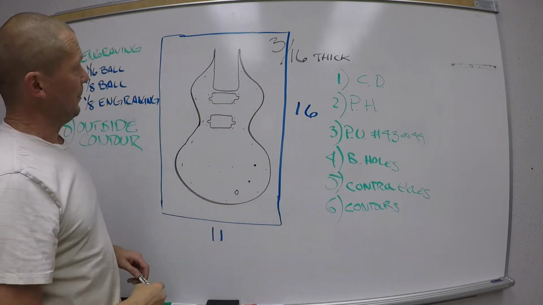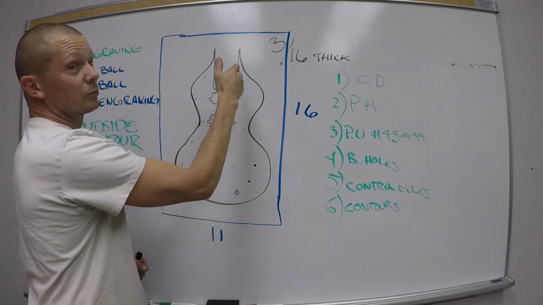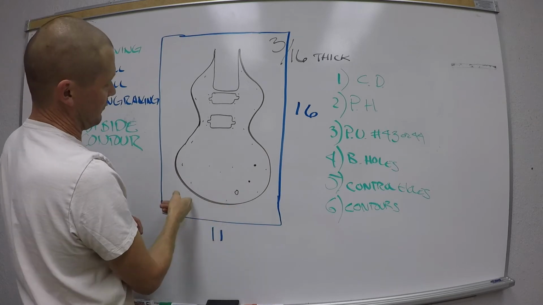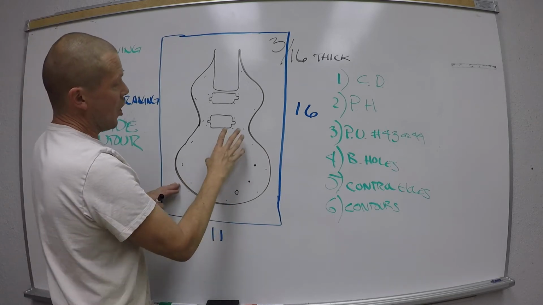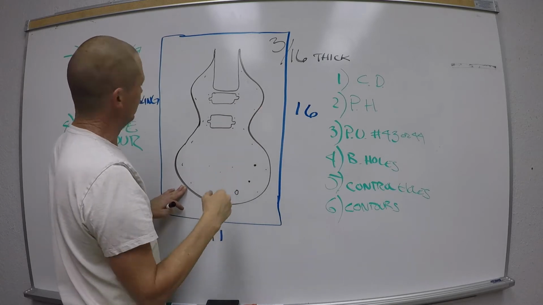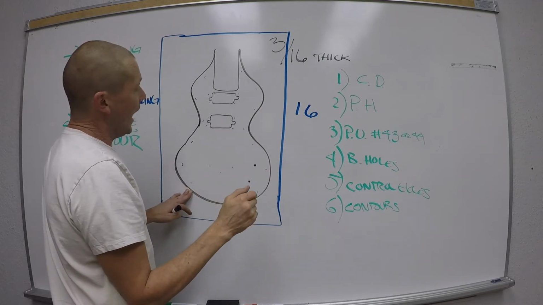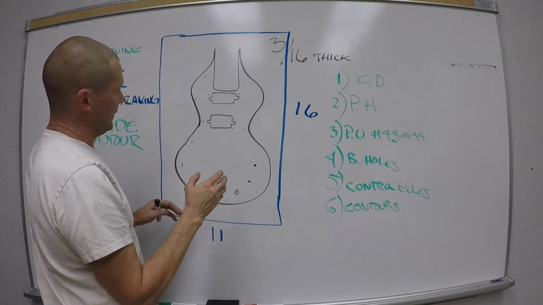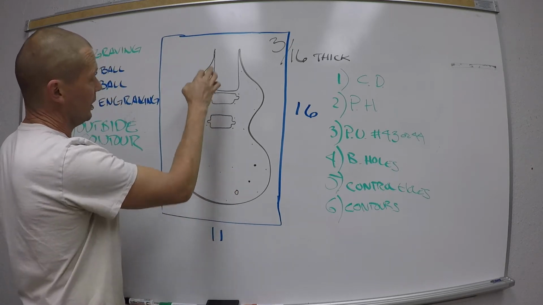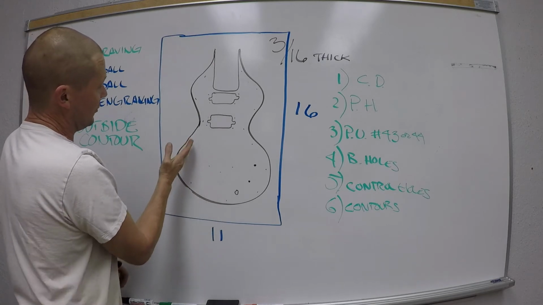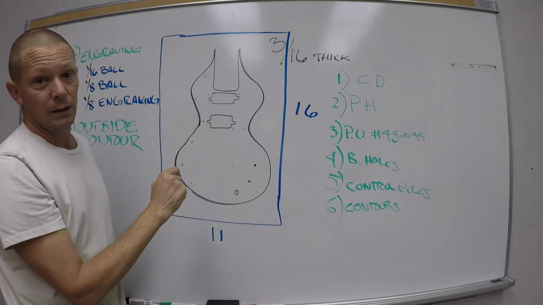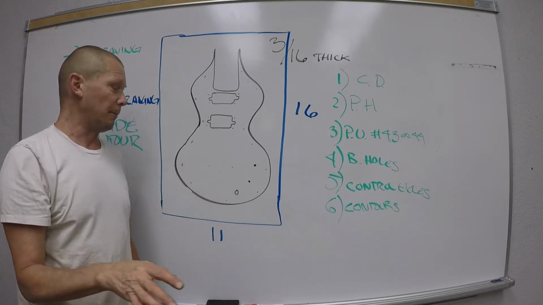What starts to happen is when I bust through, when I get a little bit past halfway, the actual part is going to start vibrating like crazy. And it's going to actually ruin the part. It's going to vibrate so much that the edge of the part and the edge of the waste material is going to be completely annihilated by this vibration.